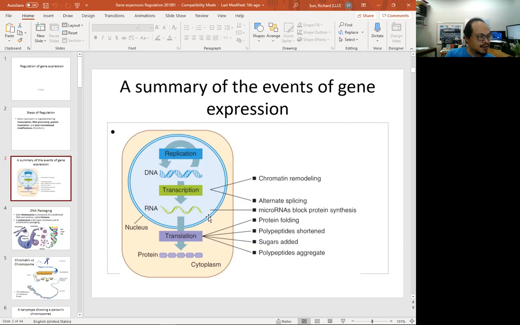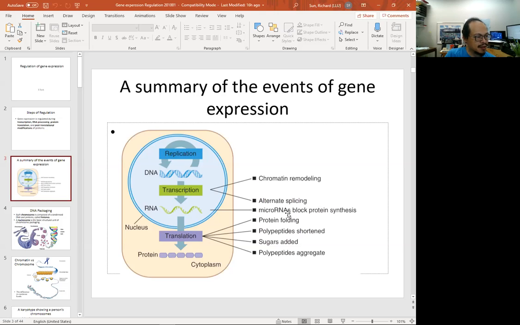Then through translation, we can have microRNA to block the protein synthesis. So even when we have the RNA, we can still have one step to prevent the translation.